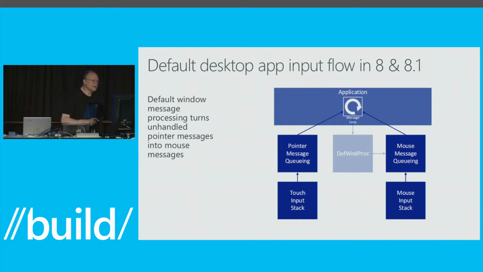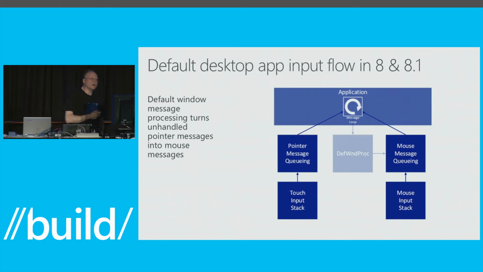So the question then is, how does this actually work under the covers? If I've got an old application that only listens to mouse messages, how does it even work with Pointer? Because we know it does. Every one of you has run classic desktop applications on a touch-enabled device and been able to poke things. The answer is that, as with so many other things in Win32, we have the default window procedure, which is hosted in our code.